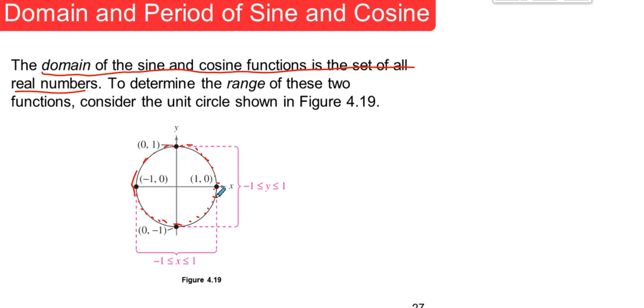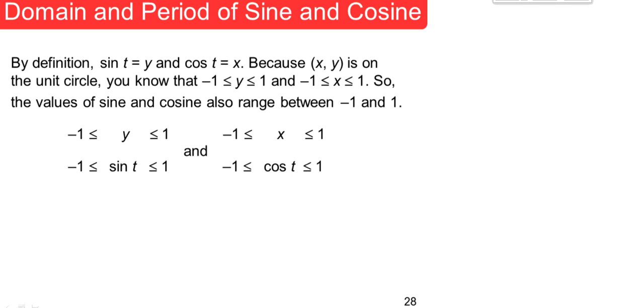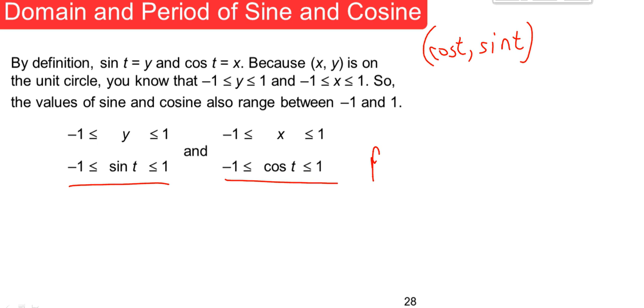We're just going to move on to the next slide. By definition, the sine of t is equal to y. The cosine of t is equal to x. So we know this is cosine t comma sine t for our ordered pair, and it's a unit circle, so we know that they oscillate between -1 and 1. That is going to help us get our ranges, and they indeed do go from -1 to 1.